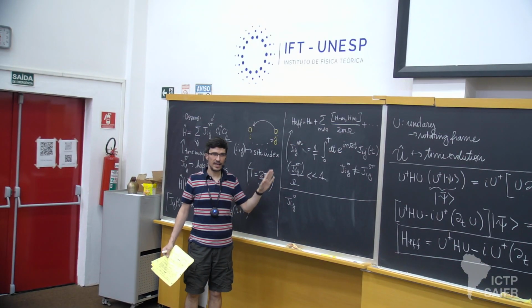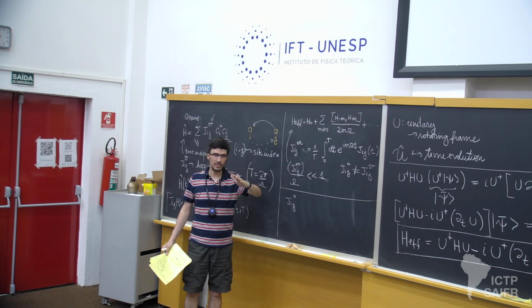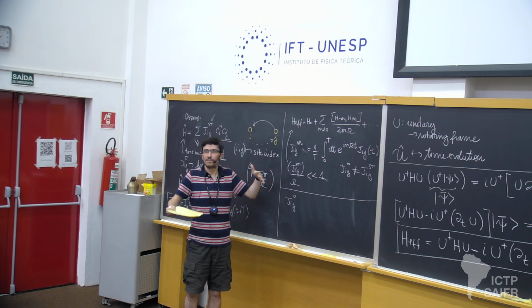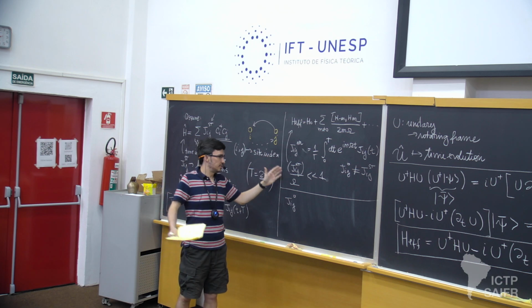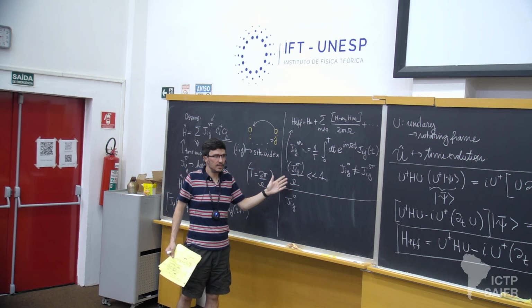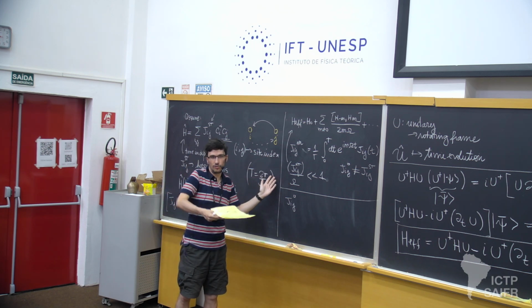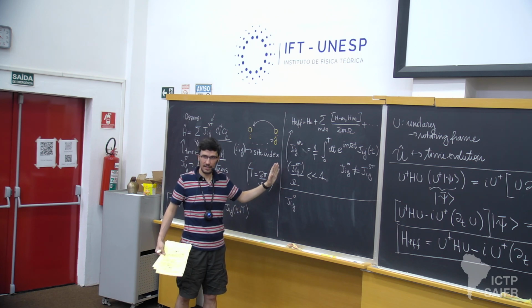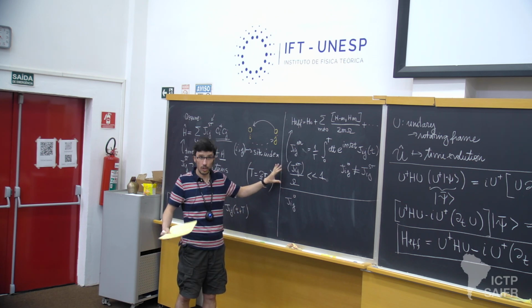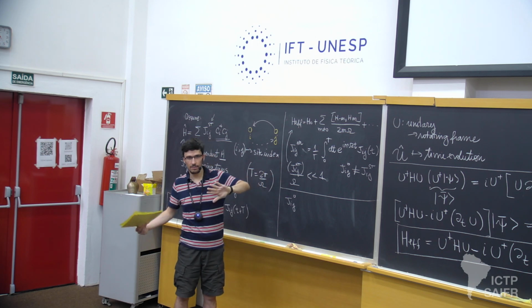Just to give you some spoilers, these J_ij are typically hopping terms on a lattice, and they are not larger than electron volts. And this omega can be the frequency of light. It can be milli-electron volt, it can be electron volt. So there is room for this assumption to be valid, and there is room for it to not be valid. And we are going to consider both approaches.